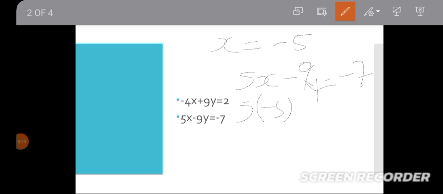Now the number outside should be multiplied by the number inside the bracket. And we write back our negative 9y, yes, this should be 9y, equals negative 7.